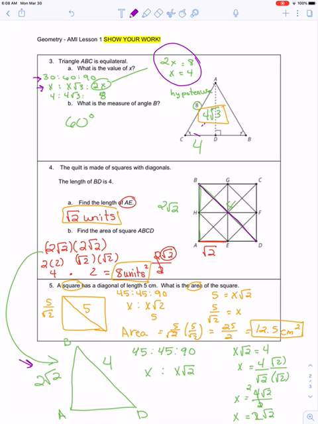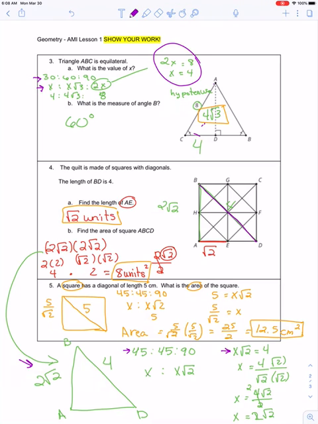A lot of y'all, I think, figured that to be the small one, and then you calculated the smaller triangles with this hypotenuse being 4 and not the long one being 4. So I drew it down here, and if we have a square, then we know we have a 45, 45, 90. And the ratio we learned for that was x and x square root 2, with x square root 2 being our hypotenuse. So I solved for my x value here.